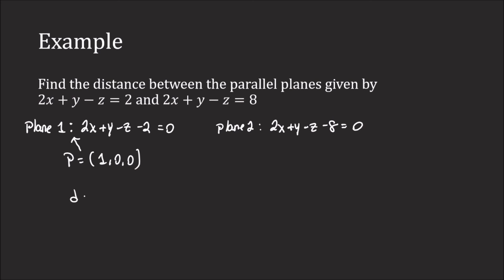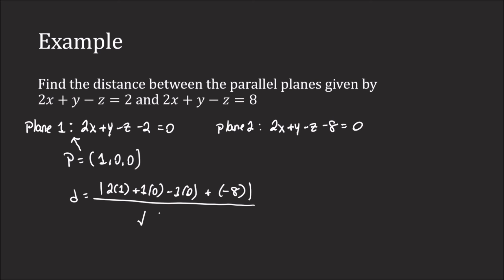So the distance is the absolute value of 2 times 1 plus 1 times 0 minus 1 times 0 plus negative 8, all over the square root of 4 plus 1 plus 1.